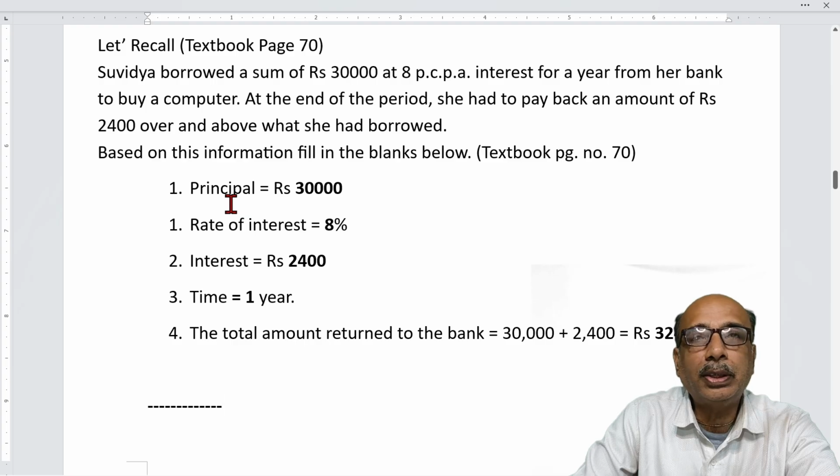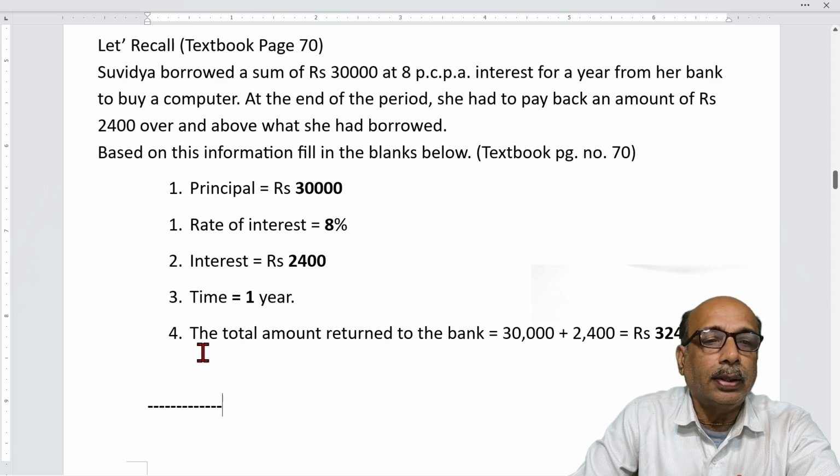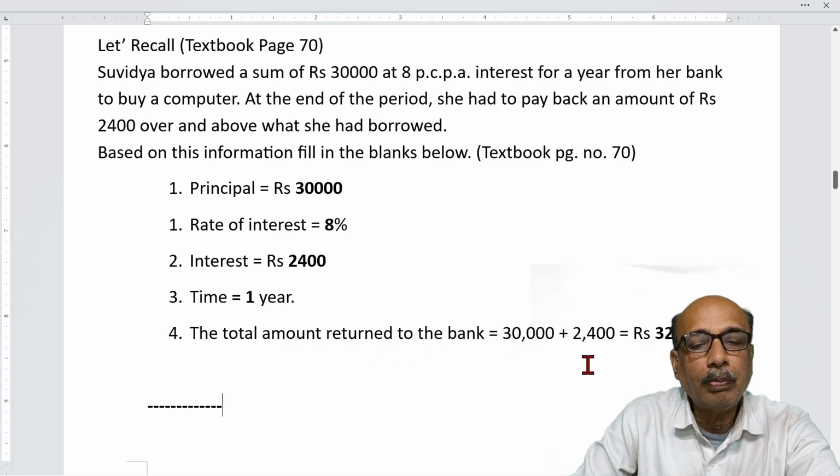What was the principal amount she borrowed? 30,000 rupees. Rate of interest 8% per annum. Interest she paid, rupees 2,400. Time, 1 year. The total amount returned to the bank is 30,000 plus interest 2,400. So the total amount comes to rupees 32,400.